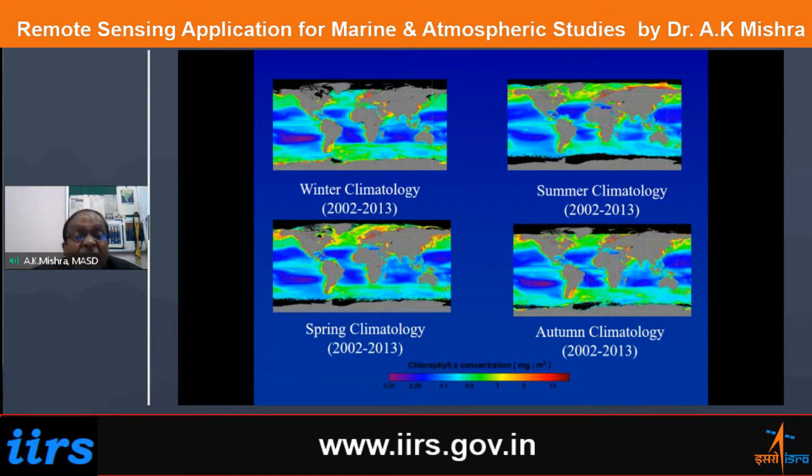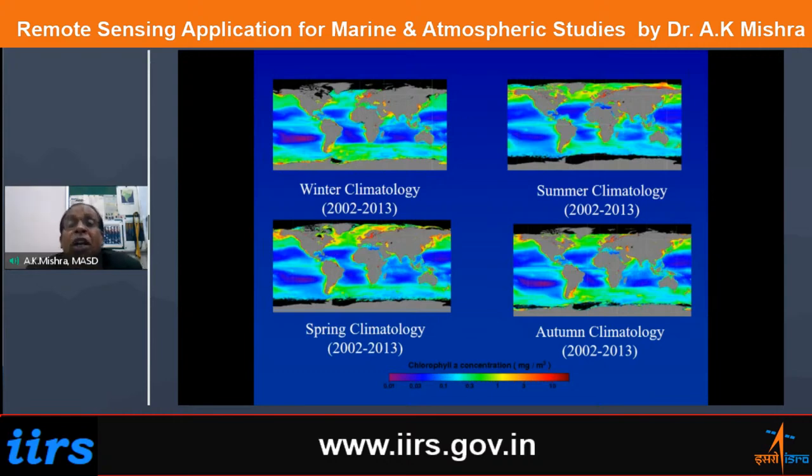Similarly, spring climatology and autumn climatology give you different pictures. And one striking feature you can see here, the blue patches, are almost constantly present in all the climatological atlases, because these patches are called the oceanic desert areas.